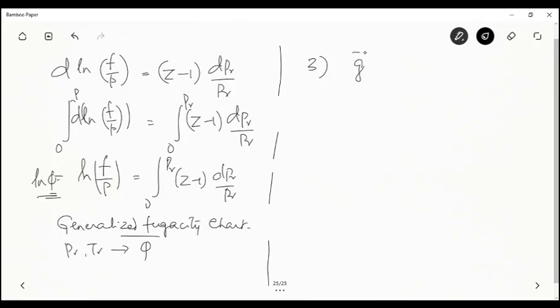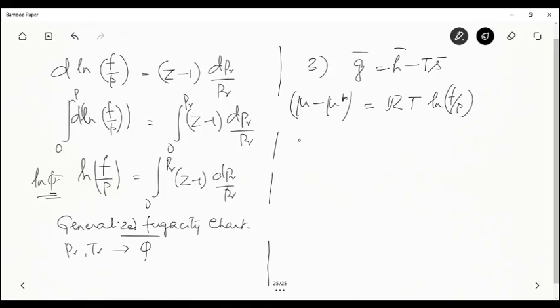You write G is H minus Ts, and therefore we can actually write mu minus mu star, which is actually G minus G star, is equal to RT into log of f by P, okay, after the integration.